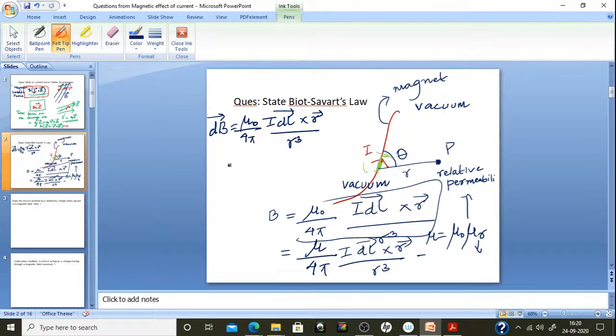It's because we are using the vector form. If I remove the cross, sin theta comes, so I dl r sin theta, in that case divided by r cube. Now one r is here, one r is here, you can cancel, and then r square will be left. Then this formula for magnetic field is directly proportional to 1 by r square. That is correct, right? Here I have put r cube because it is in the vector form. If I bring it in the scalar form or with a unit vector, then you will get r square. Is it clear?